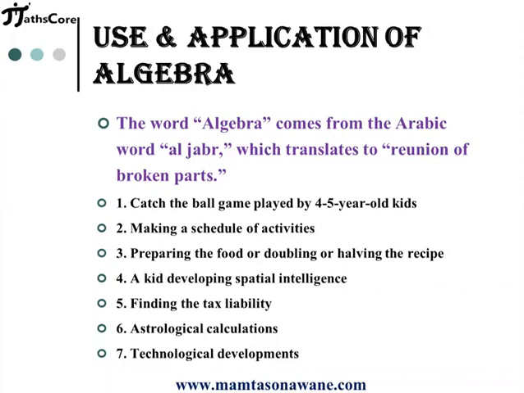Okay, next is astronomical and astrological calculation. An astrologer predicts various events on the basis of planetary movements. They try to establish the relationship between the planet's revolution speed, its position after a chosen period of time, and so on.